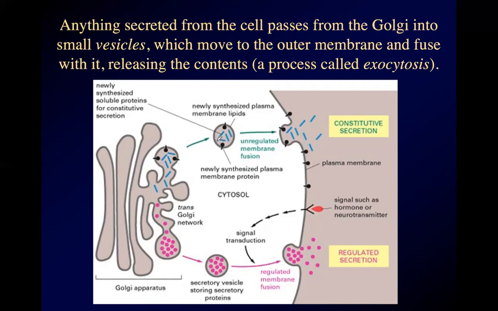So what happens when a cell releases a protein is that one of these little vesicles, one of these little bubbles, comes right up to the outer membrane of the cell, and then bursts, and the bubble fuses with the outer membrane of the cell, and whatever was in the bubble gets spilled out of the cell into the outside.